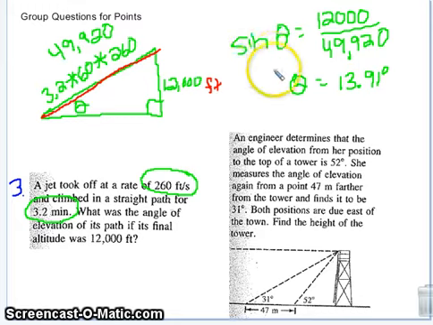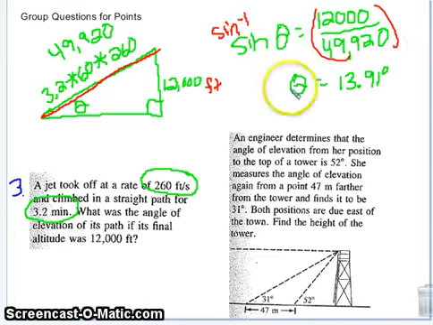If you are solving for an angle, you must use the inverse, the sine to the negative 1. Anytime you're solving for an angle, you are going to use either sine to the negative 1, cosine to the negative 1, or tangent to the negative 1.